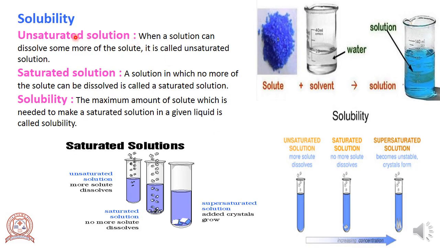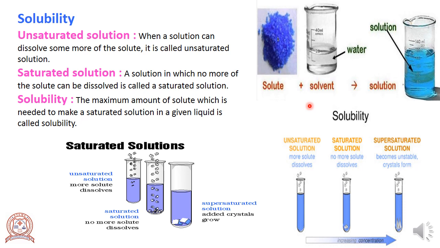Next is about solubility. This is a new topic for you. Listen carefully. First of all, we must know what is solute, solvent and what is solution. When we add a teaspoon of sugar to a glass of water and stir it, the sugar disappears in water. This is because sugar gets dissolved completely in water.